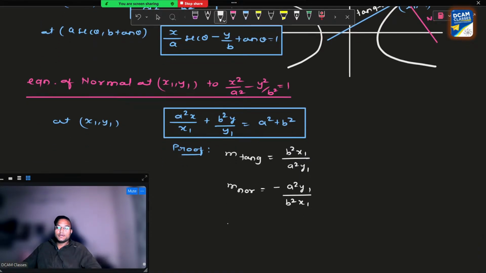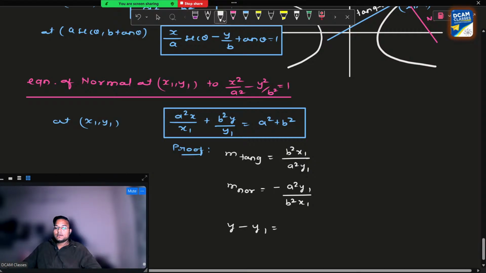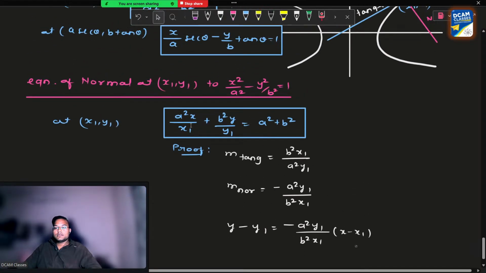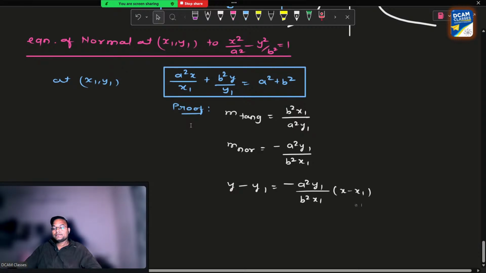So what would be the equation? y minus y1 is equal to minus a square y1 by b square x1 into x minus x1. What equation are we trying to get? a square x by x1, and b square y by y1.